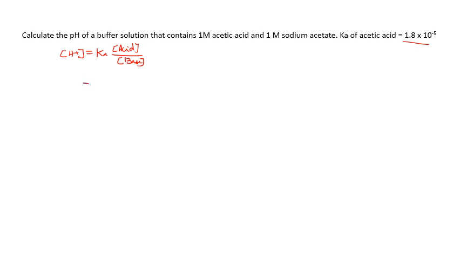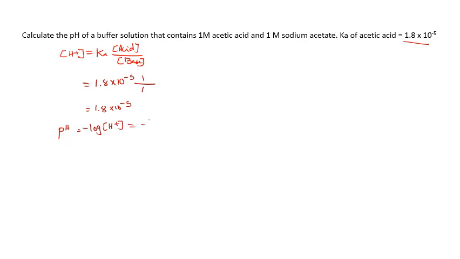So Ka is 1.8 times 10 to the power negative 5, and concentration of acid is 1 molar and the conjugate base is also 1 molar. So 1.8 times 10 to the power negative 5 is our H plus ion concentration, and we can find the pH, negative log hydrogen ion concentration.